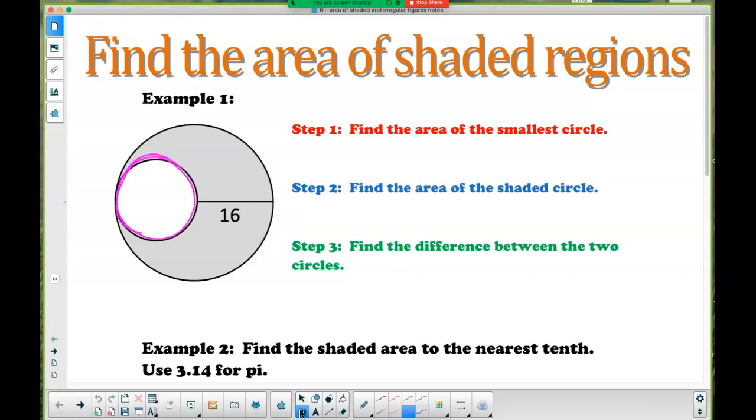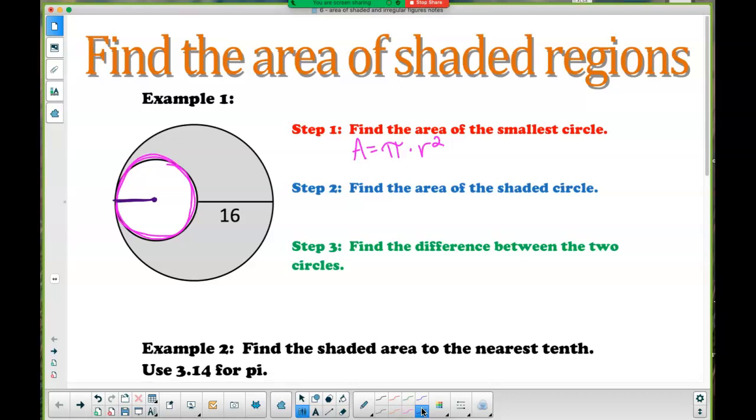How do we find the area of a circle? A equals pi times radius squared. Okay, write that down. What's the radius of that small circle? Here we got to do a little bit of thinking. We need to know the distance from here to here. Zachary? 8.